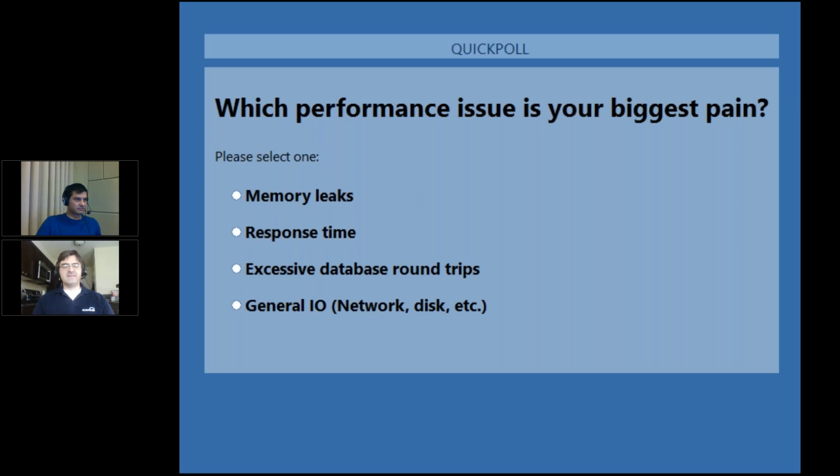Was it memory leaks? Was it lagging response time on your application, excessive database round trips, or just general excessive I/O that will cause your application to read too much from disk and write to network or depend on other remote services, that causes your application to be slow?